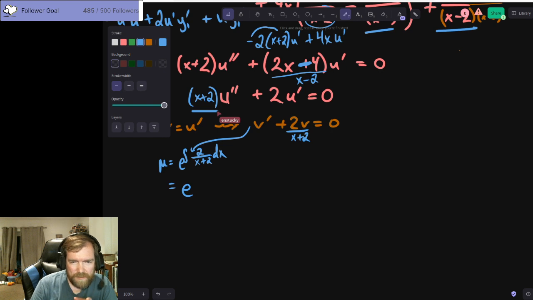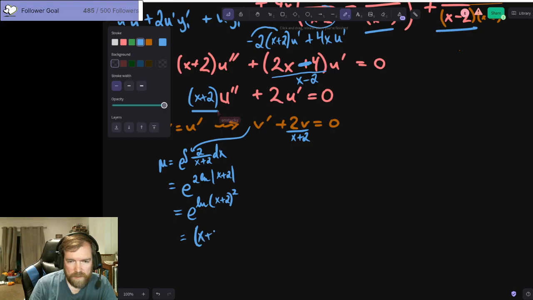Right, we're taking the integral of this thing, so that's going to be 2 natural log absolute value x plus 2. Which is then going to be e to the natural log of x plus 2 squared, which is just x plus 2 squared.